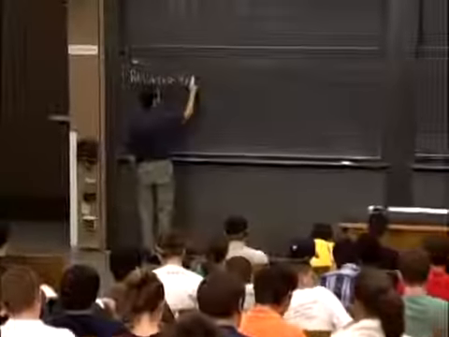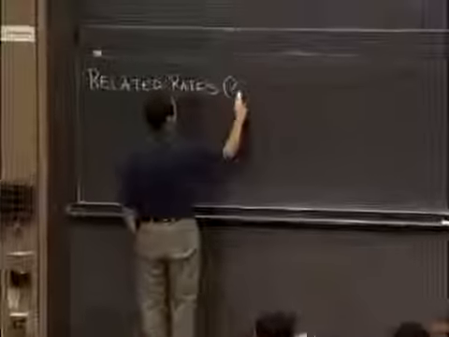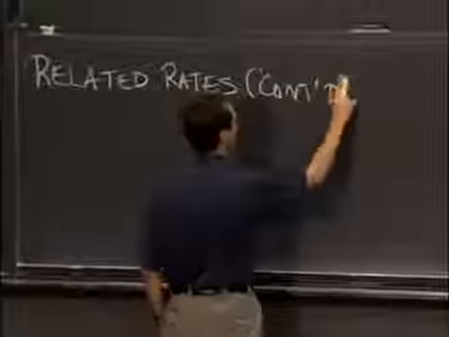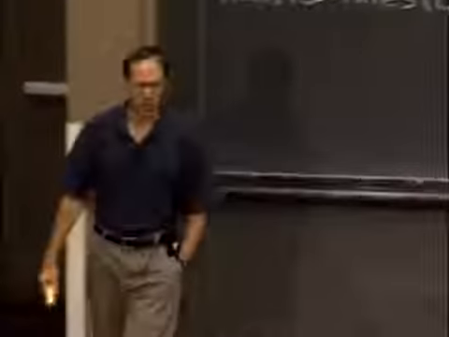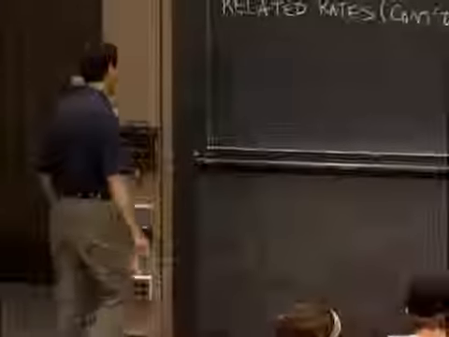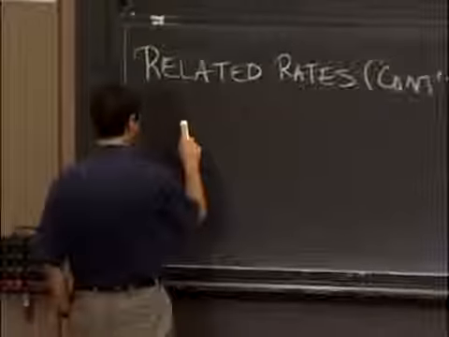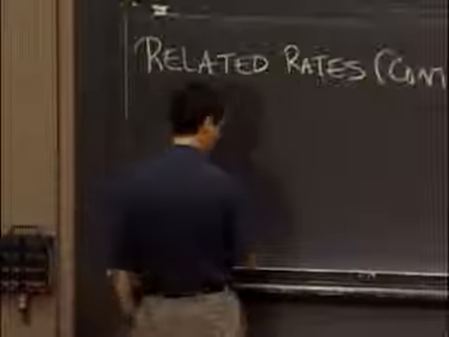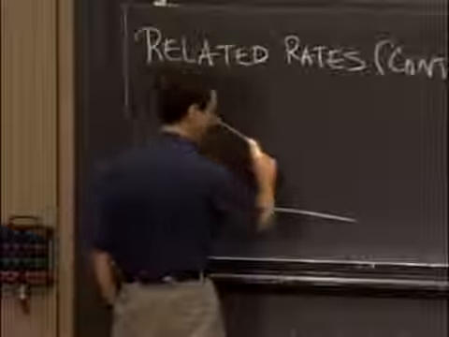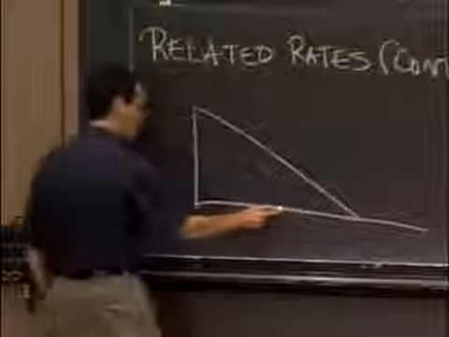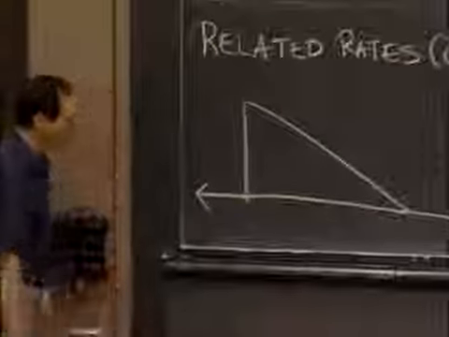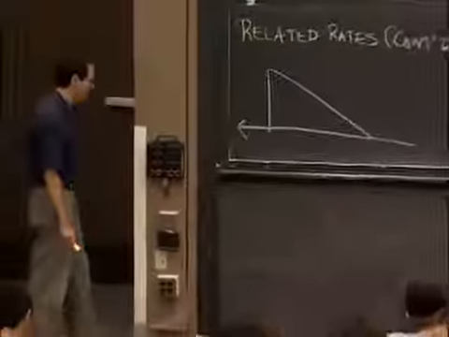Today, we're going to keep on going with related rates. You may recall that last time we were in the middle of a problem with this geometry. There was a right triangle, and there was a road going this way from right to left.